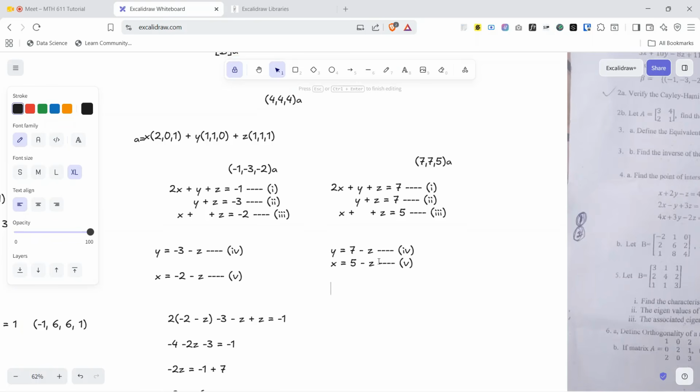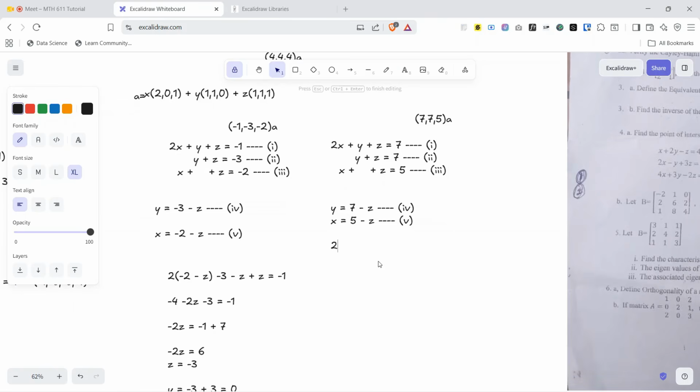Then that's what we are now going to plug into equation 1. That will be 2 into 7 minus z minus y. What am I doing? X first. 5 minus z plus 7 minus z, then plus z equals 7.